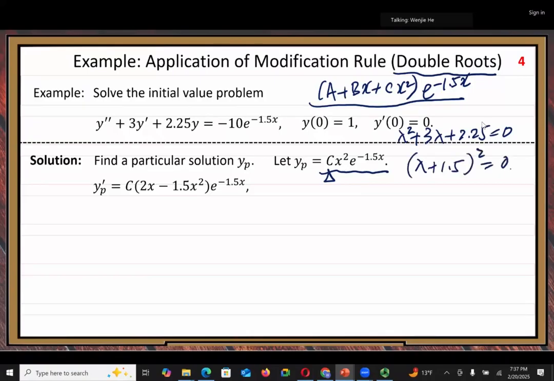It's a double root, then this 1.5 corresponds to that e to the negative 1.5x. It appears in our function, right? By our modification rule, should we multiply this function by x squared?